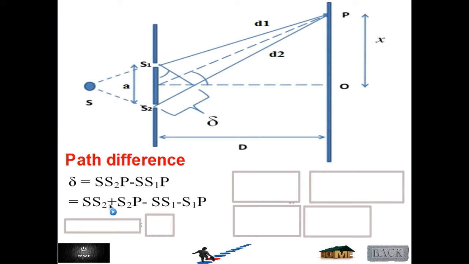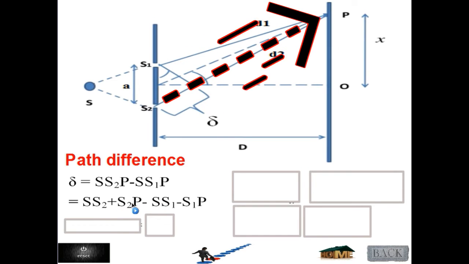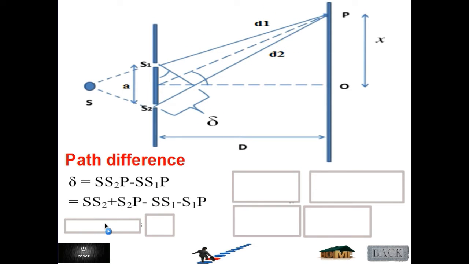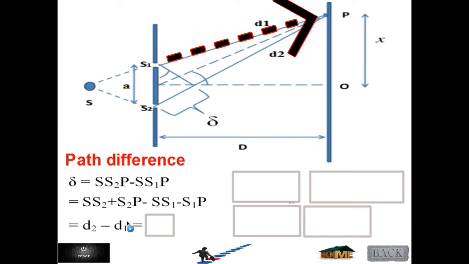As we said, S is equidistant from S1 and S2, thus SS1 equals SS2. We cancel them. S2P is D2 minus S1P is D1. We can calculate the value of delta from the geometry of the figure.